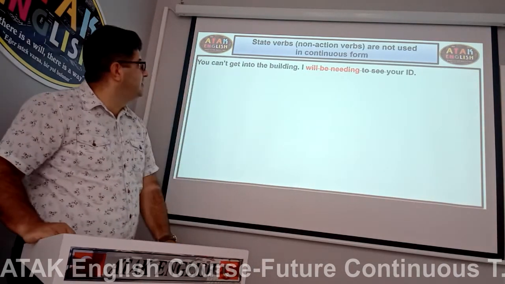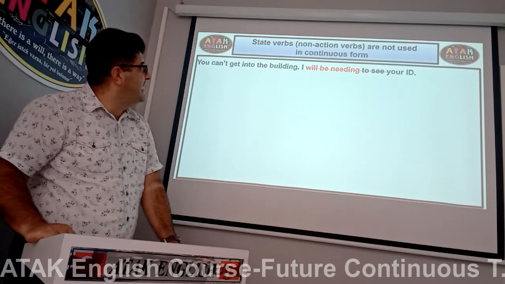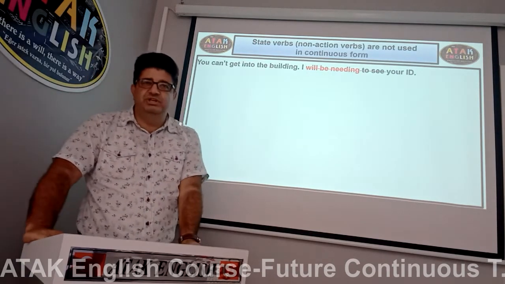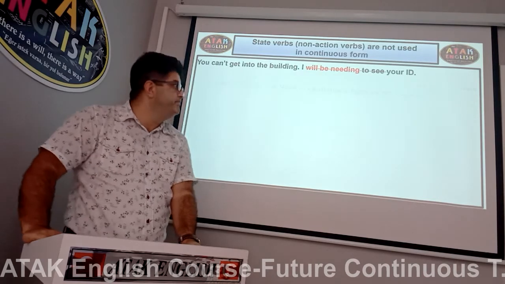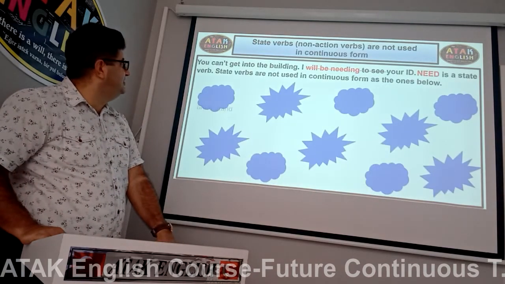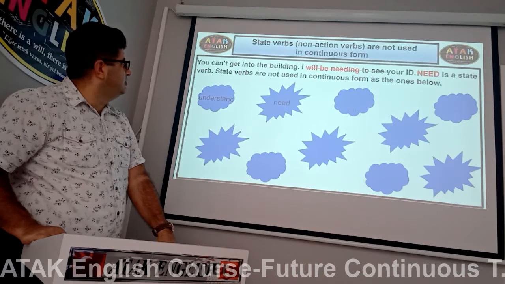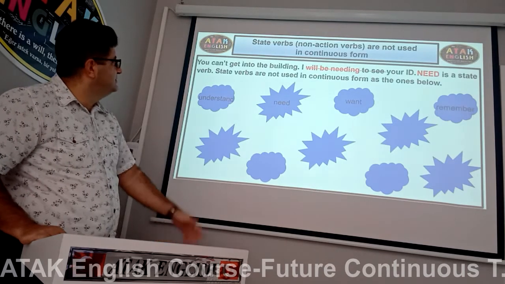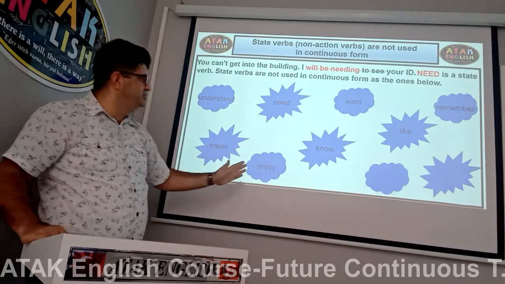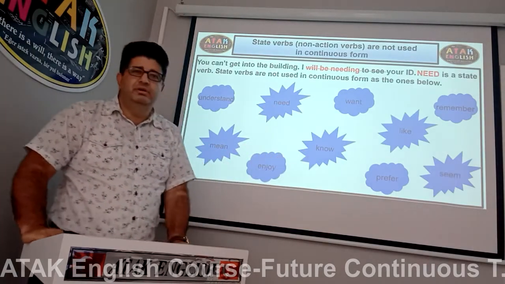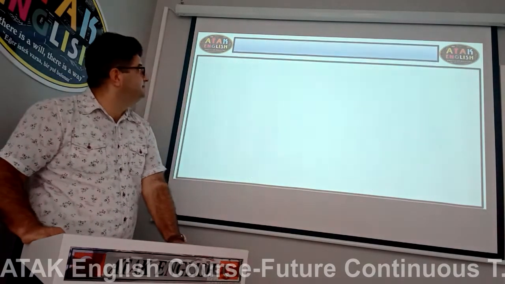You should say, or he should say instead, I will need to see your ID. What are the other state verbs, or what we call non-action verbs? Understand, need, want, remember, like, know, mean, enjoy, prefer, and seem, etc.